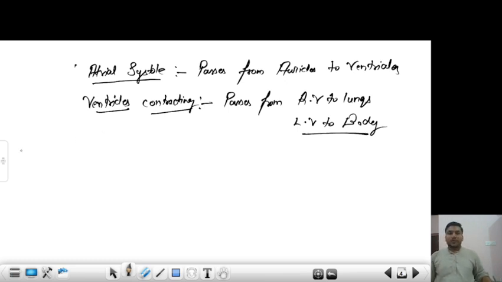So there are two major events, atrial systole and ventricular systole, and joint diastole. When all these events occur in a cyclic manner, they complete a cycle that is known as the cardiac cycle.